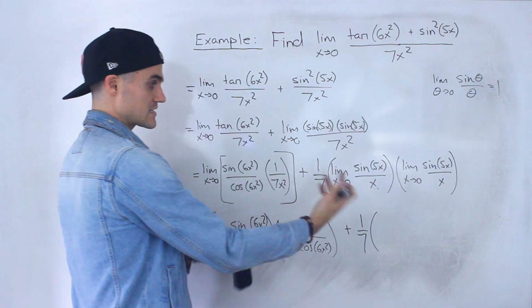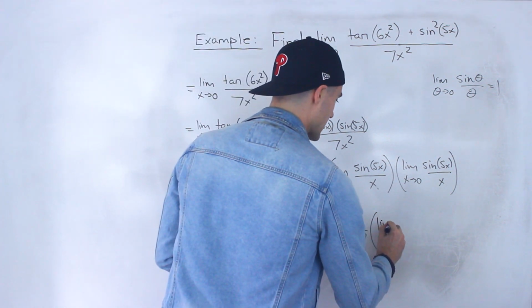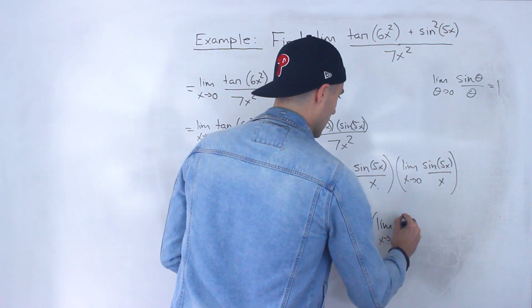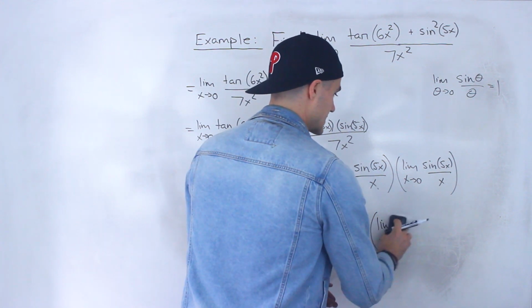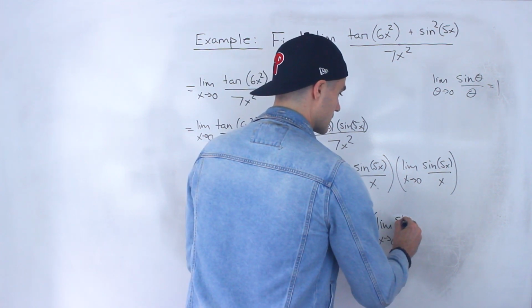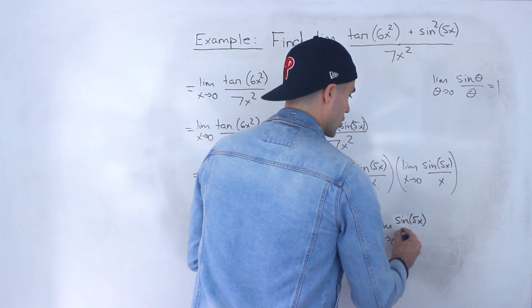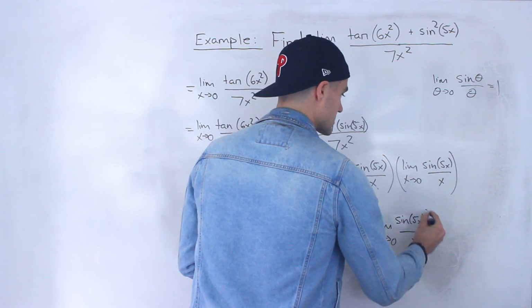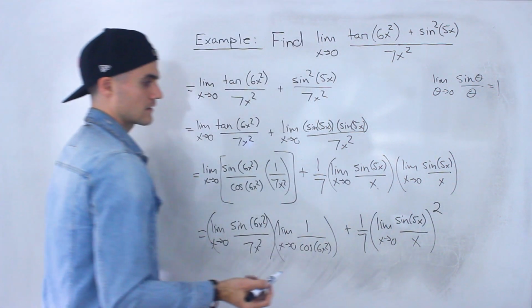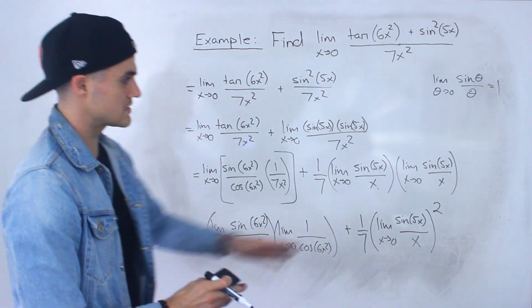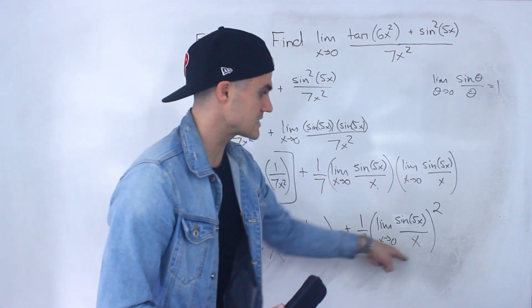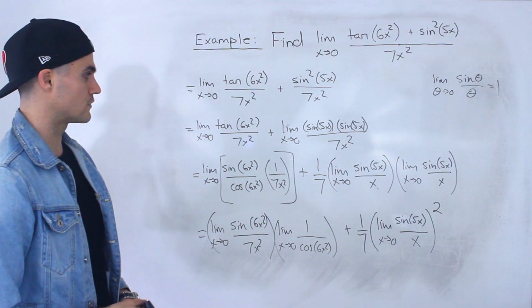Basically, these two limits are the same thing, so I'll have the limit as x approaches 0 of sine of 5x over x, and all of that is squared, so it's basically that to the power of 2.